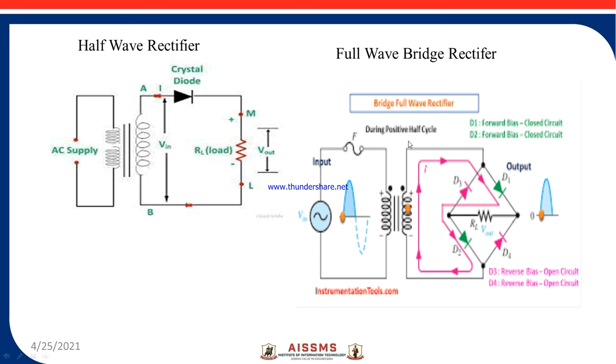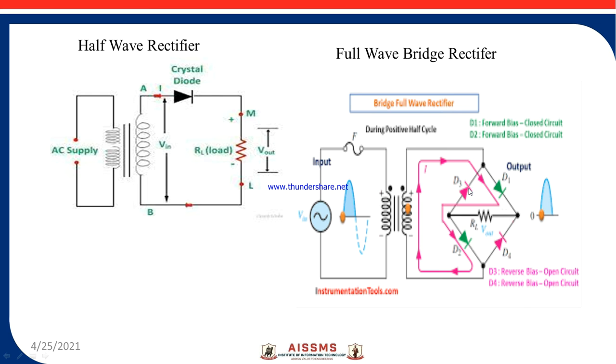During the positive half of the input cycle, this point gets positive and the other line gets negative. The positive at this point makes diode D1 forward biased. Also the negative at this line makes diode D2 forward biased. So D1 and D2 conduct.